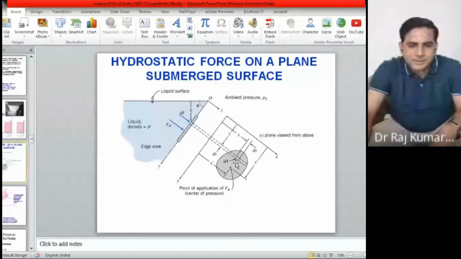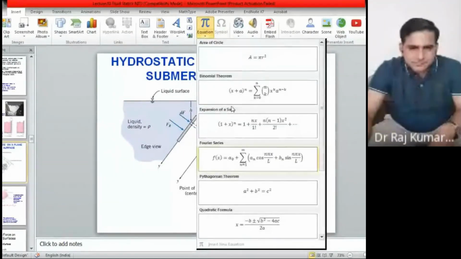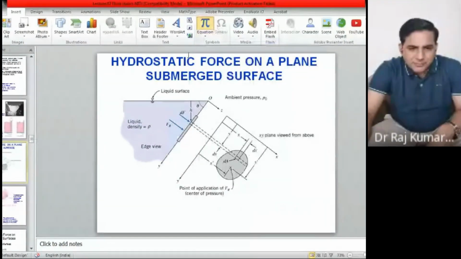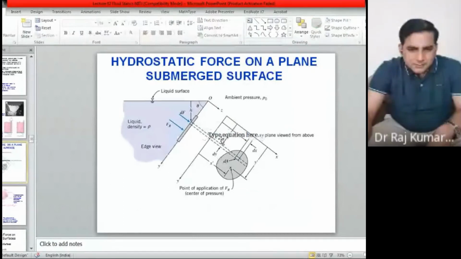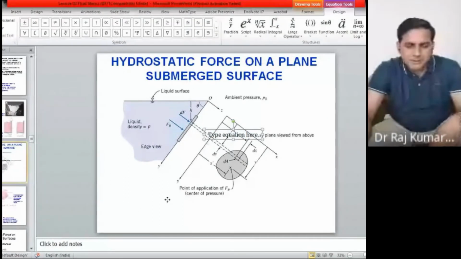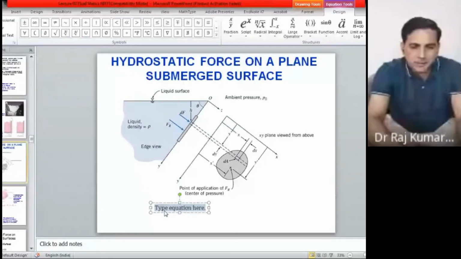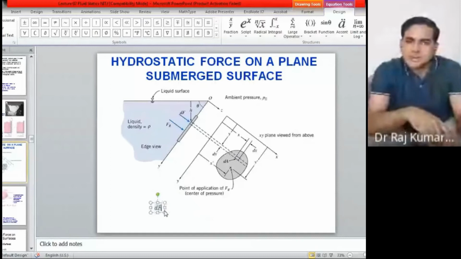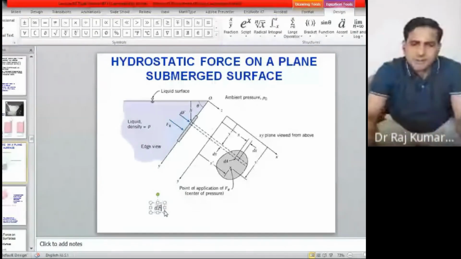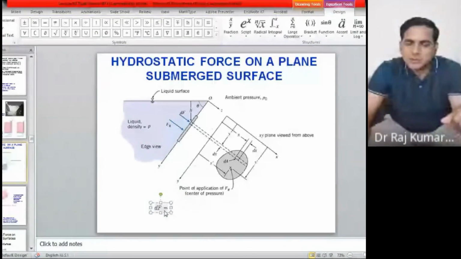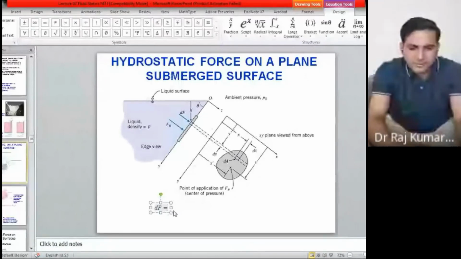So if you want to write the differential force here, what would be the equation? Your dF would be how much? dF, a differential force, would be equal to pressure. Pressure is what? Rho g h. For the time being I can write density only.